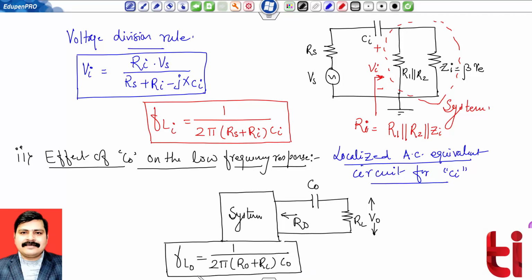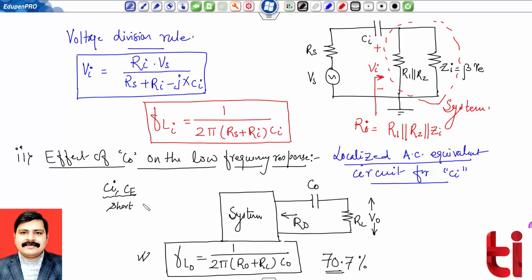At this particular lower frequency, my output voltage will have a value of 70.7% if I am considering that there is a contribution of this capacitive element only. That means I am considering that my input capacitance Ci and my emitter bypass capacitance Ce behave like short circuits.